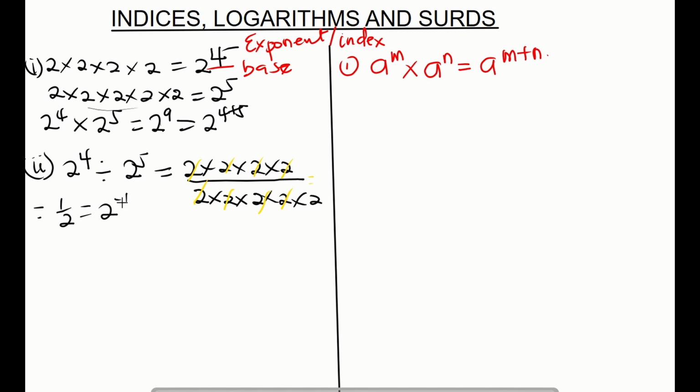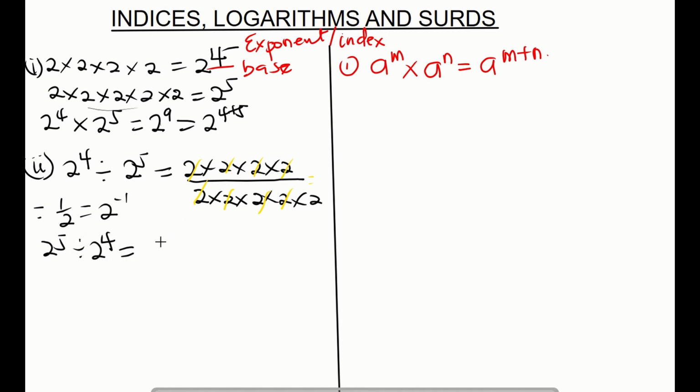So this is going to give us only 1 over 2, which is the same as 2 to the power minus 1. But let's consider that the power 5 comes before the power 4, so we have 2 to the power 5 divided by 2 to the power 4.